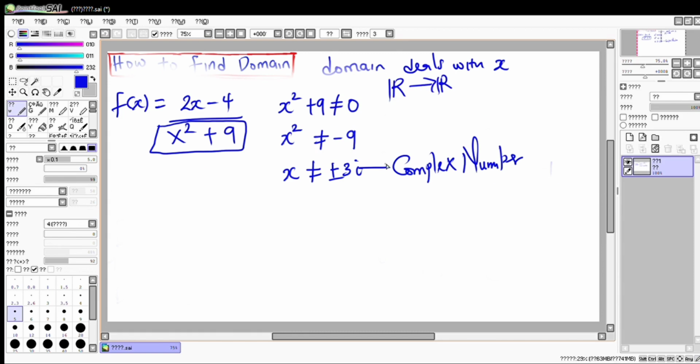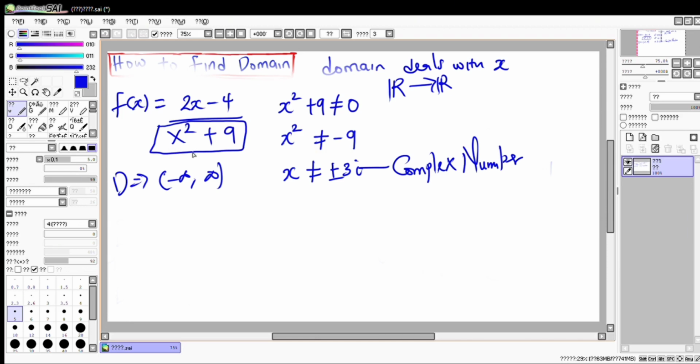So we are not dealing with complex numbers at all. So you will notice that the domain of this particular function here is minus infinity to infinity. Why? Because the denominator is a polynomial function, and recall that we said in a polynomial function, the domain is always minus infinity to infinity.